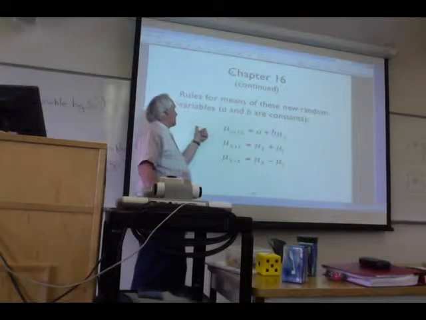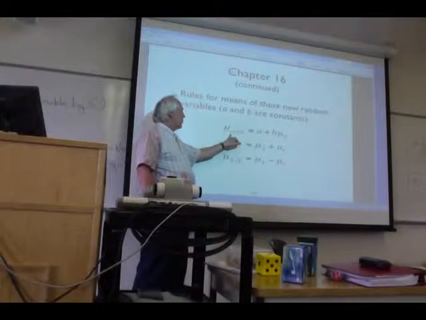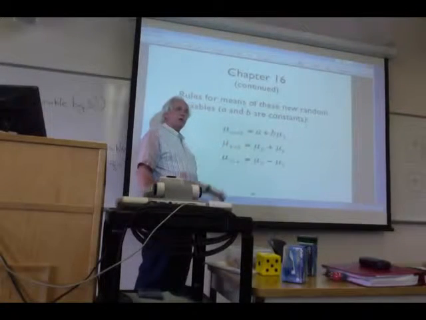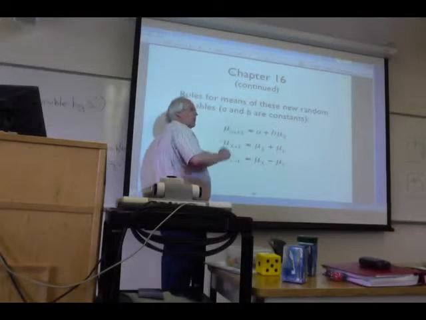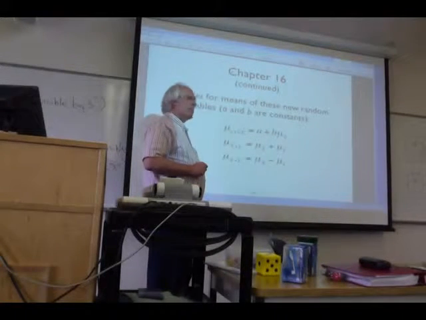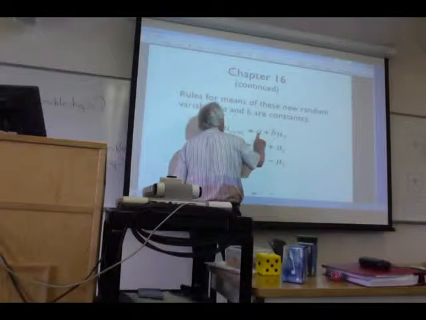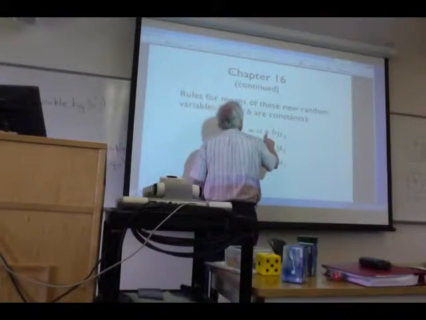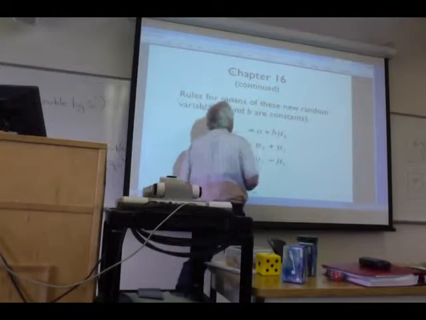So I could have over here the mean of Y is equal to this when Y is defined by this expression. Now, the mean of that new random variable is in fact simply the constant A plus the constant B times the mean of the random variable X.